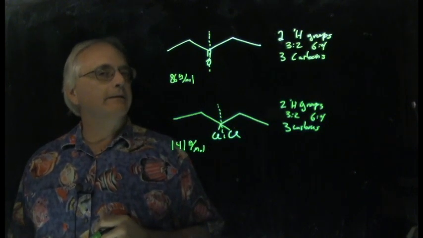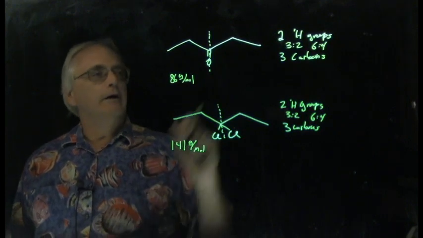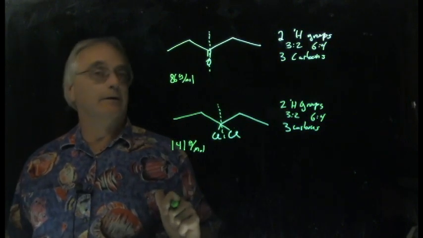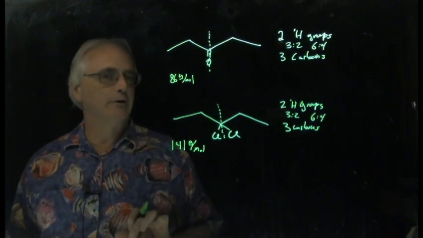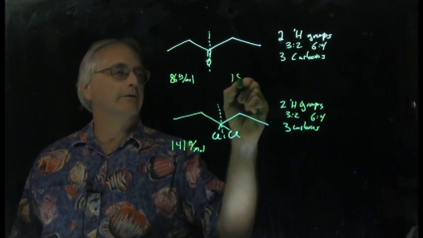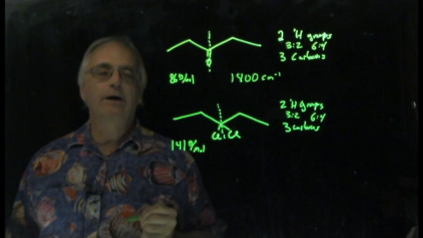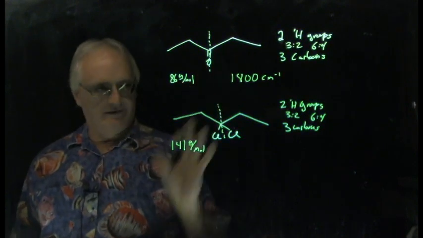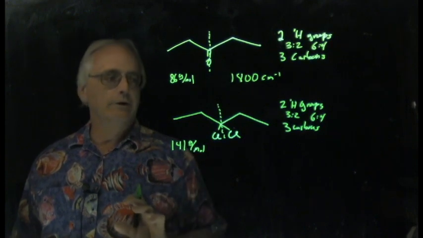I'll even concede that infrared spectroscopy would play a role here as well. If you recall infrared spectroscopy, carbonyl groups are among the most prominent and distinctive groups you see in IR. This one should have a large peak somewhere in the neighborhood of 1800 wave numbers. That's a distinct position for ketone carbonyls. Down here, no carbonyl group.